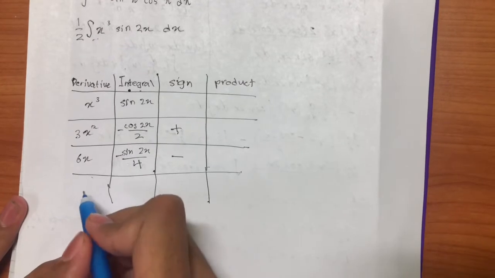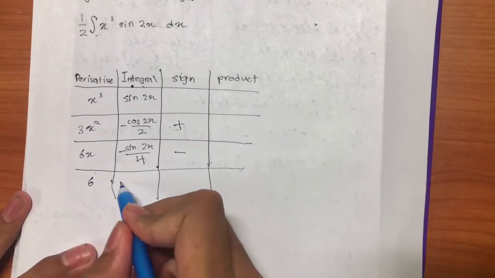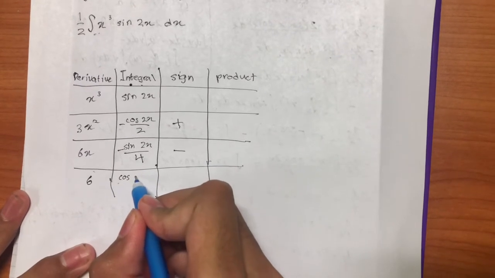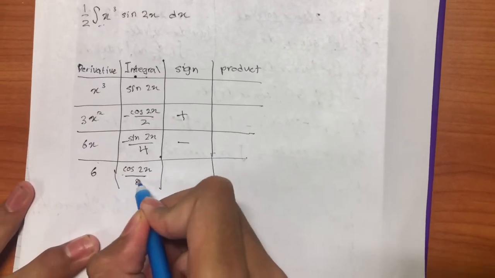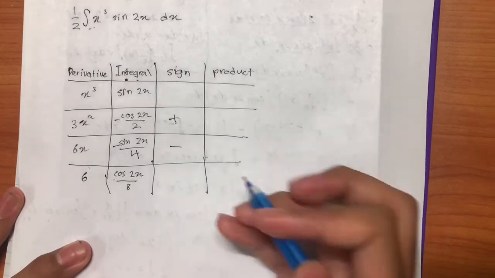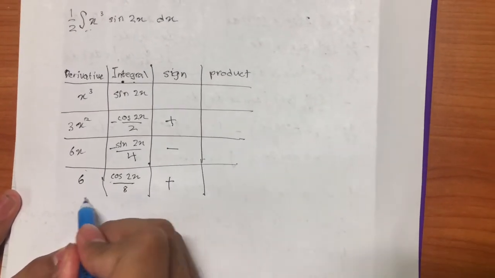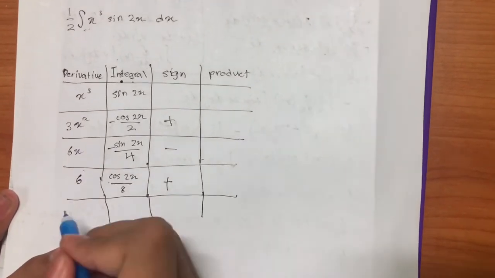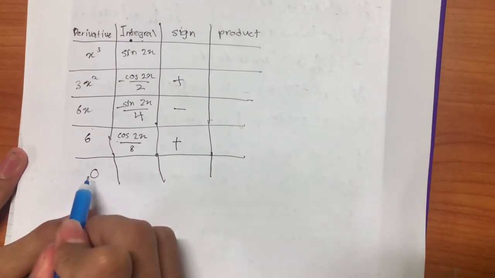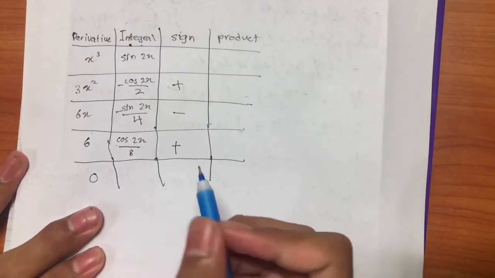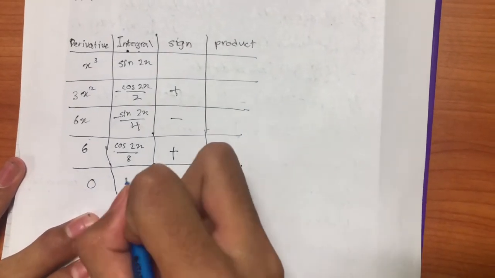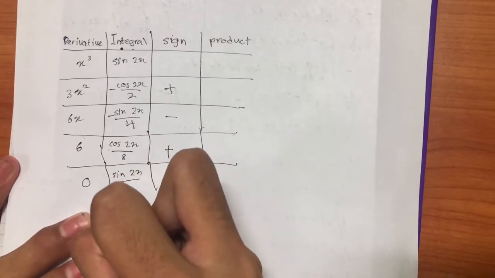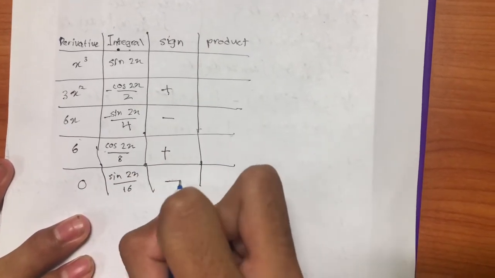So the next derivative will become 6, and for integral, it becomes cos 2x over 8. And for the sign, we put positive. So the next one will become 0, and this is the last derivative. For integral, it becomes sin 2x over 16, and the sign will be negative.